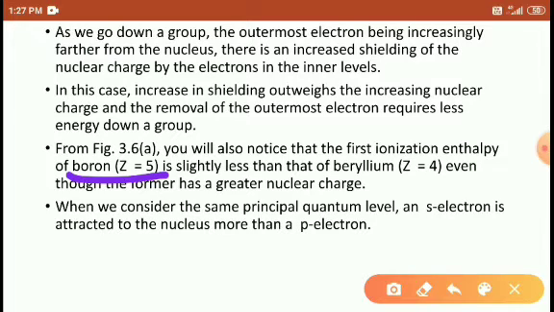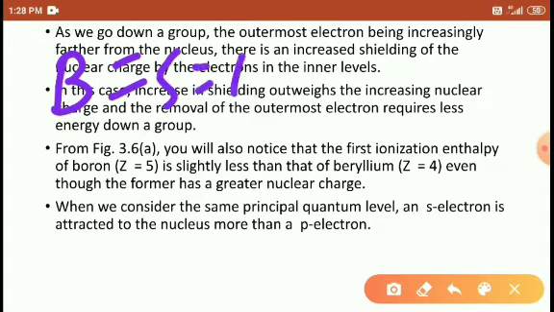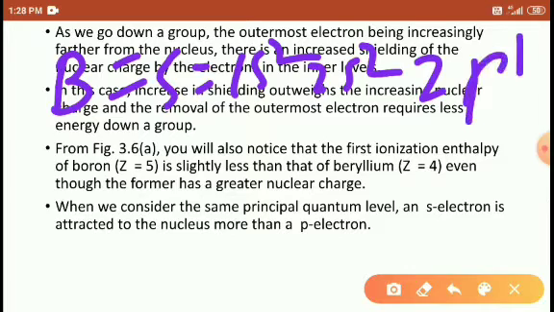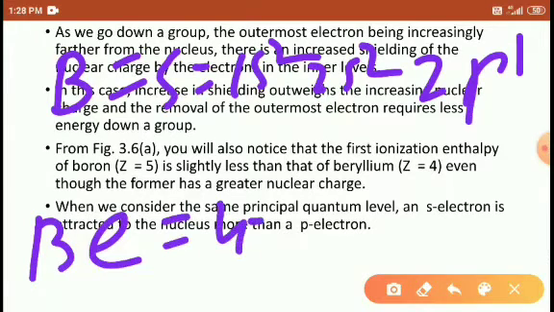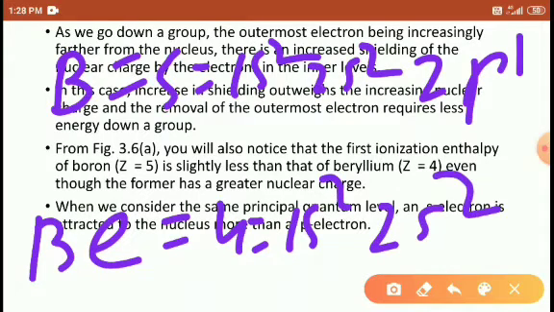Boron, atomic number 5, is 1s2 2s2 2p1. Beryllium, atomic number 4, is 1s2 2s2.